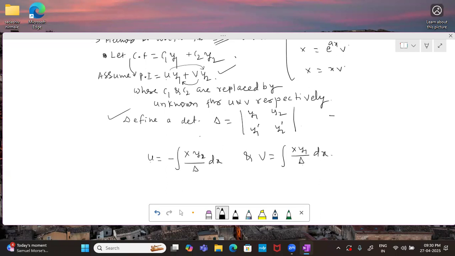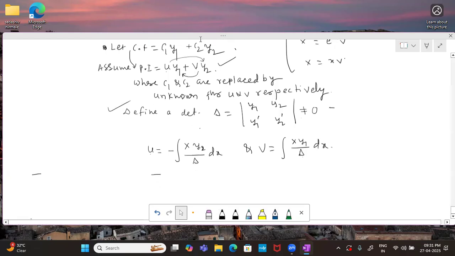Solve it; it should not be equal to 0. Then u is minus integral of X y2 upon delta dx and v is integral of X y1 upon delta dx. Solving these two integrals, we get the result. This is the way to solve the problem.